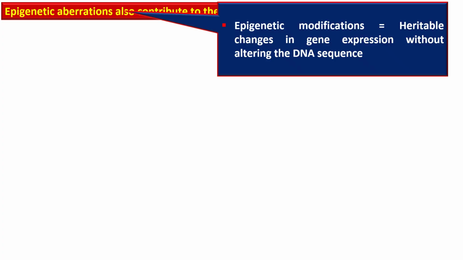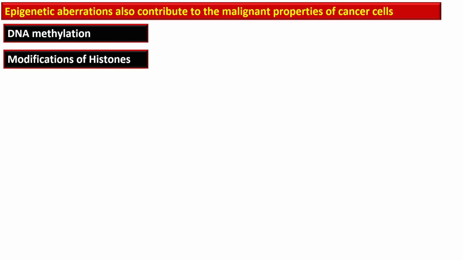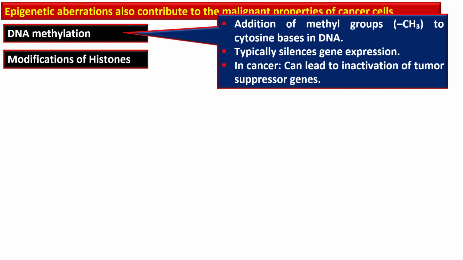Epigenetic alterations or aberrations also contribute to the malignant properties of the cancer cell. Epigenetic modifications are heritable changes in gene expression without altering the DNA sequence. These modifications affect how genes are turned on or off. The key mechanisms for these are DNA methylation and modification of histones.